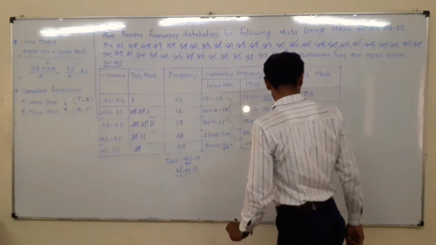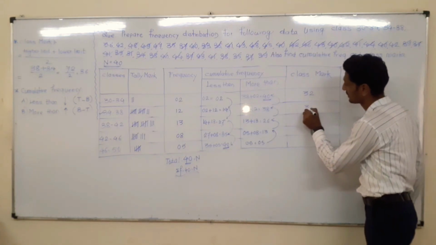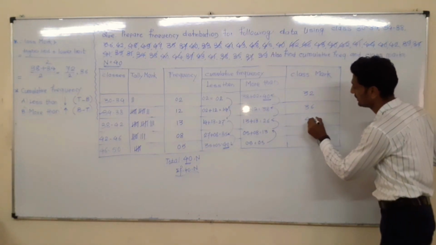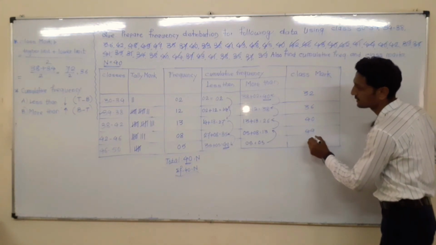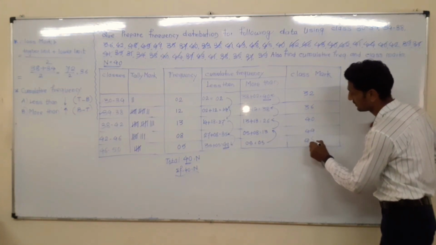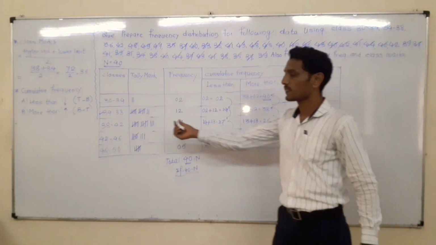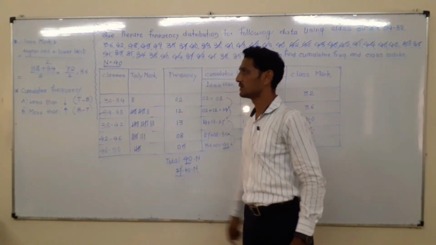So 36 is a class mark. Like this we will find 40, 44 and 48. So these are the class marks with respect to the given classes, given groups.